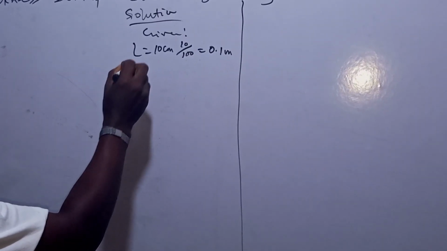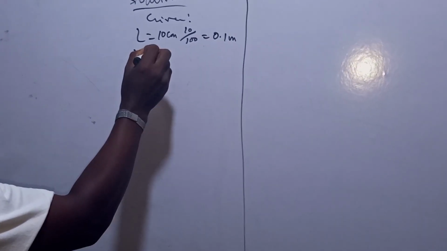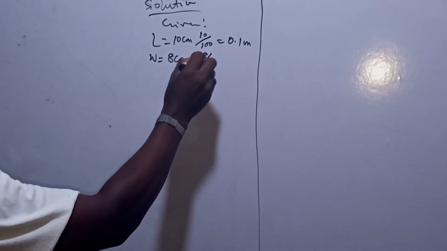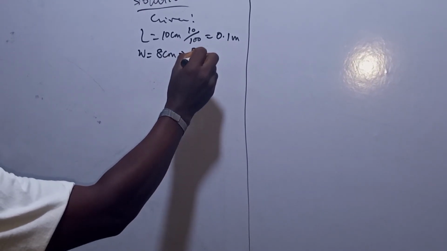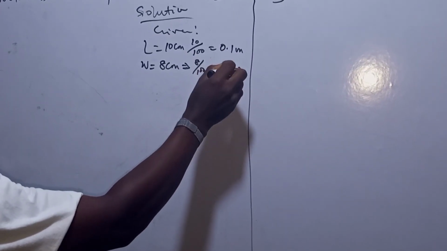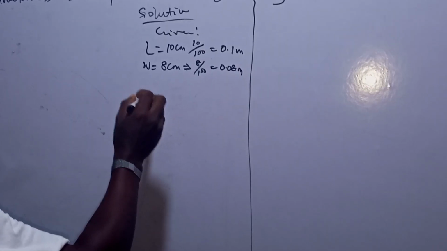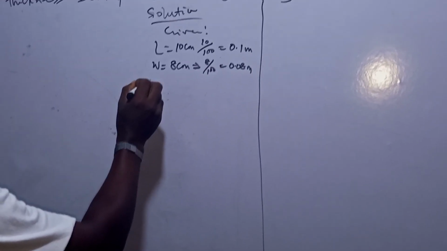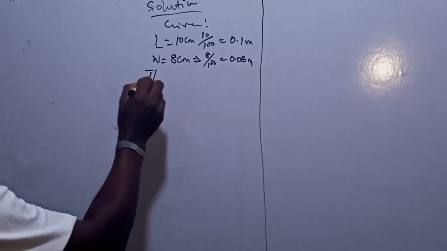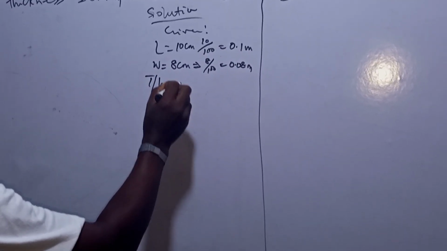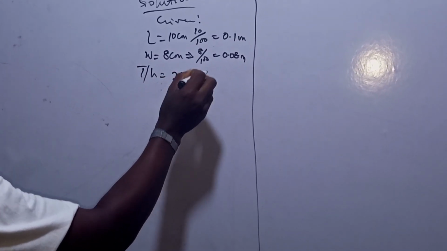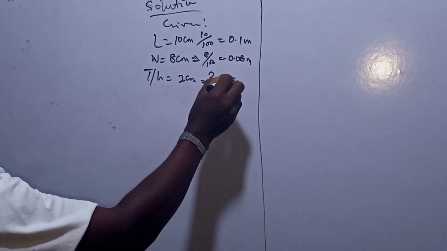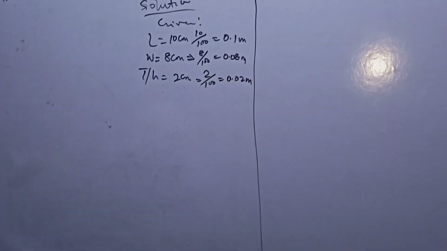We have the width to be 8 cm, to also be 8 over 100 to have 0.08 meter. We also have the thickness, or height, to be equal to 2 cm, which is also 2 over 100 to have 0.02 meters.